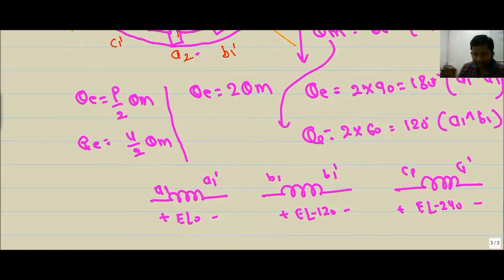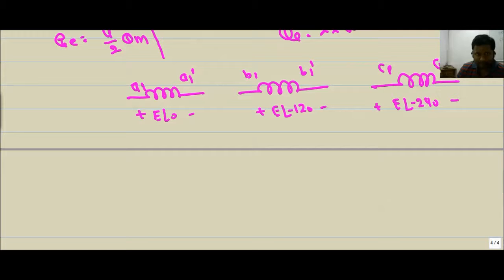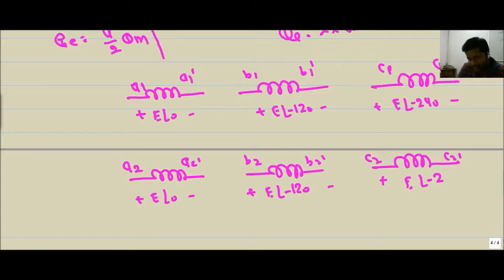Here we have A2, A2 dash, B2, B2 dash, C2, C2 dash, with plus minus E angle 0, plus minus E angle minus 120, and plus minus E angle minus 240.